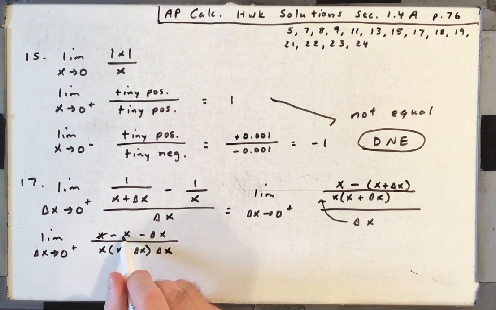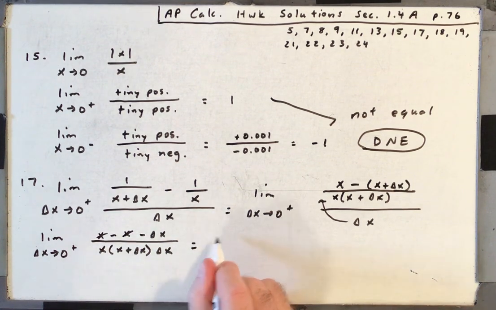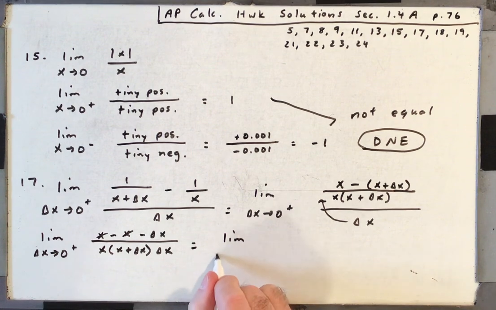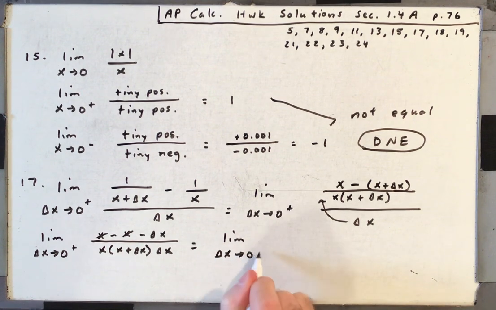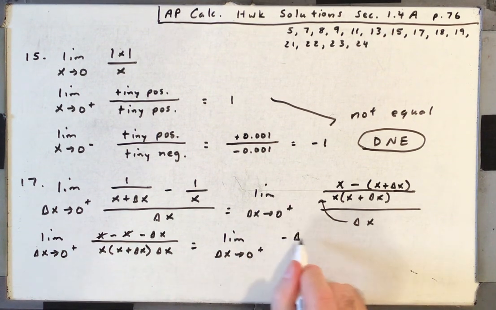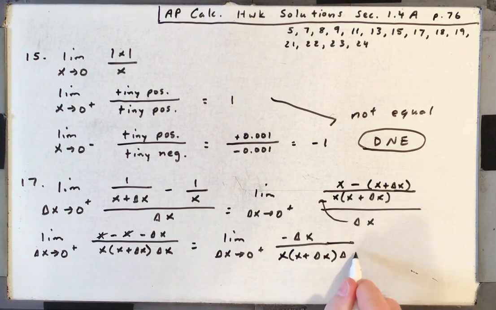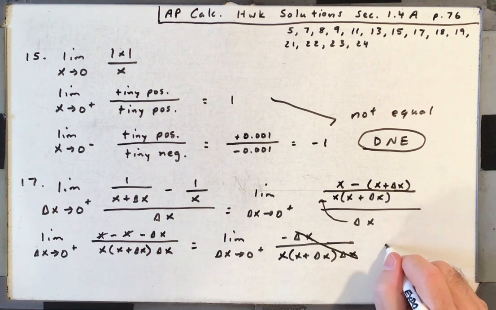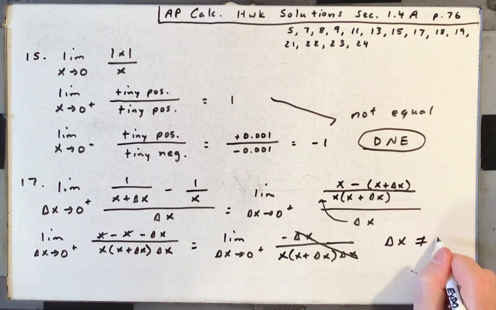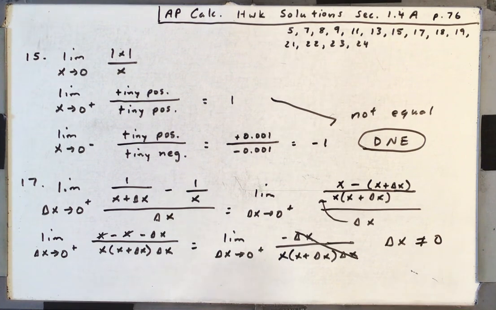So the x's will go away, and we have the limit as delta x approaches 0 from the right of negative delta x over x times x plus delta x times delta x. The delta x's will cancel as long as delta x does not equal 0. Got to write that proviso down.